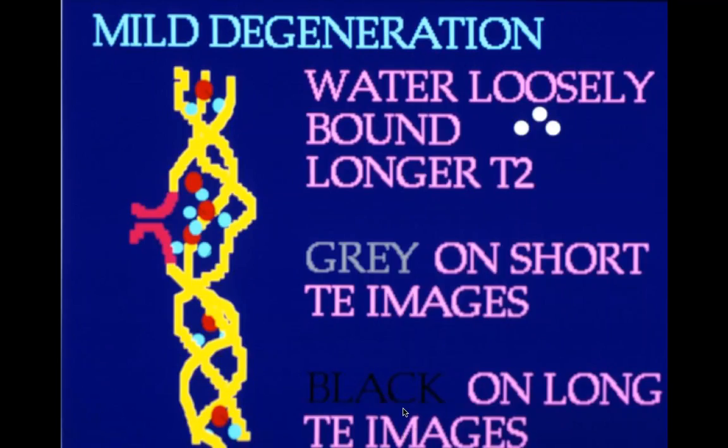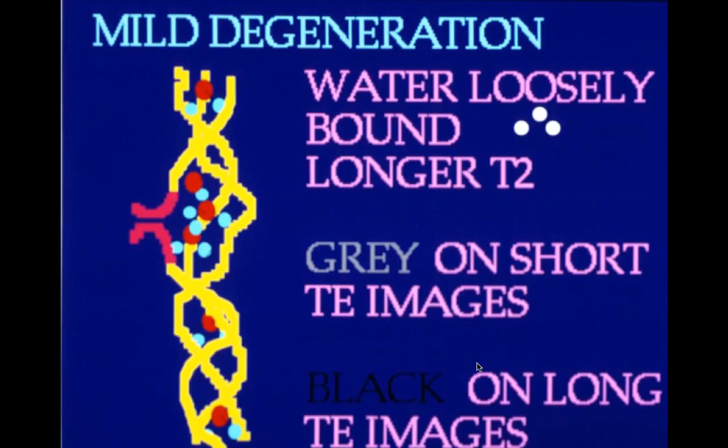Therefore, looking at T1 short TE images and T2 long TE images can allow us to grade the degree of degenerative change. If you have a mild increase in signal intensity on short TE images, but it's black on T2, that's still mild to moderate degenerative disease. Once you start seeing increased signal intensity on the T2 weighted images, then you're dealing with a lot more free mobile water, and you start talking about severe degenerative disease.